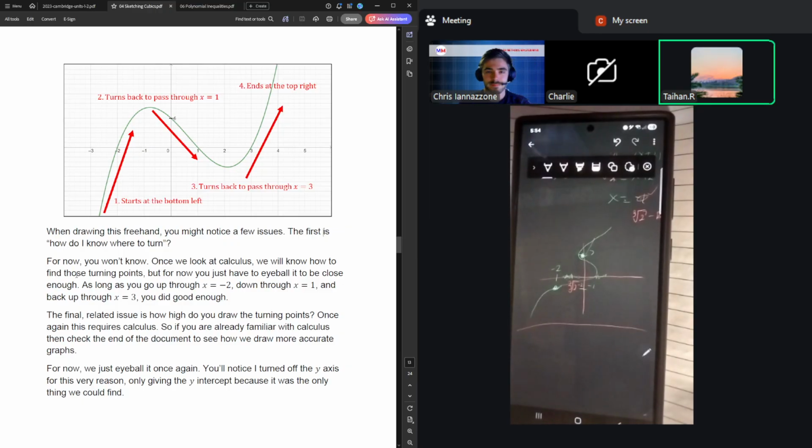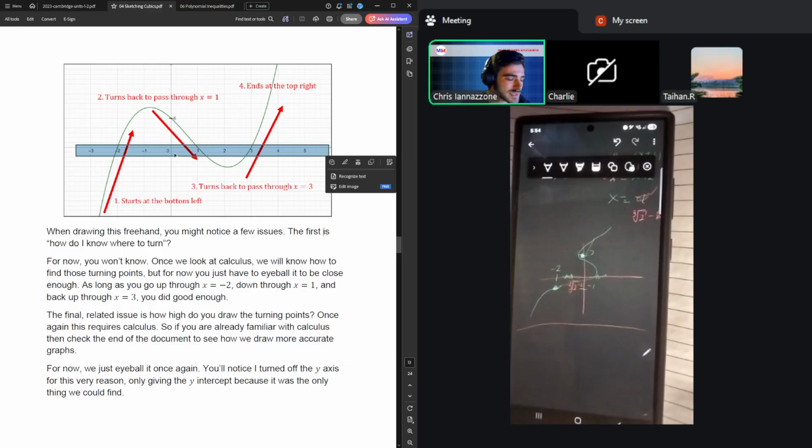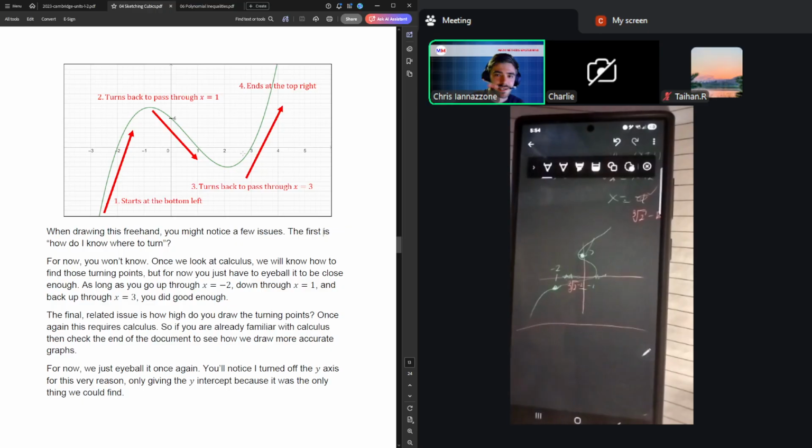Would it need to be reasonably within the range of what the graph could look like? Obviously it won't be exactly to scale. Well, you can't really mess this up because you set your own scales every time you draw this. Maybe in an exam they might give you a scale that already exists, but because you set your own scale, what your y-axis scale is doesn't actually have to be the same as your x-axis scale.